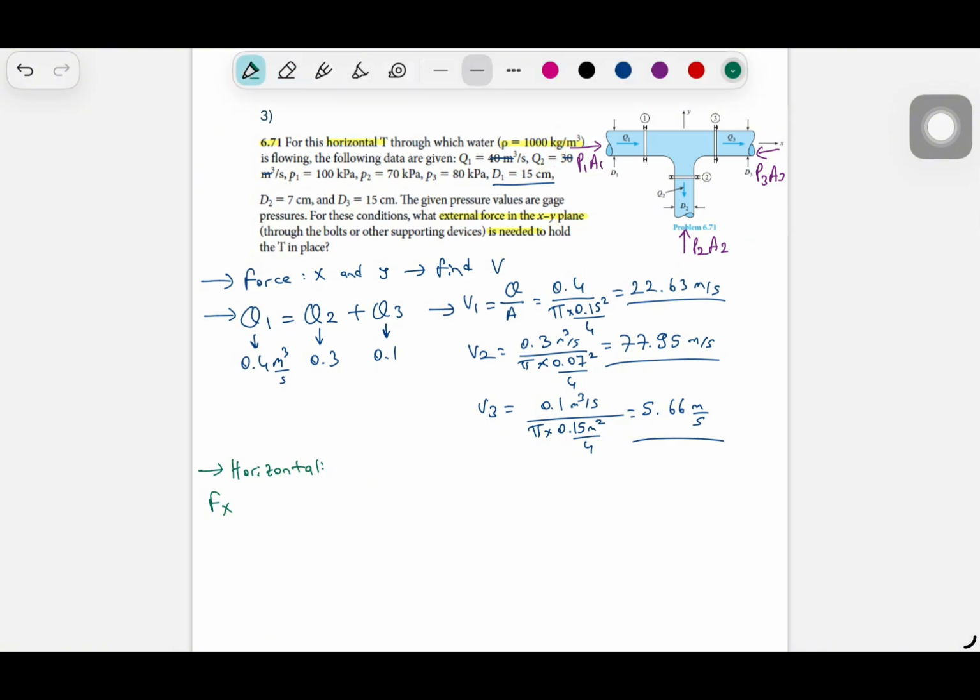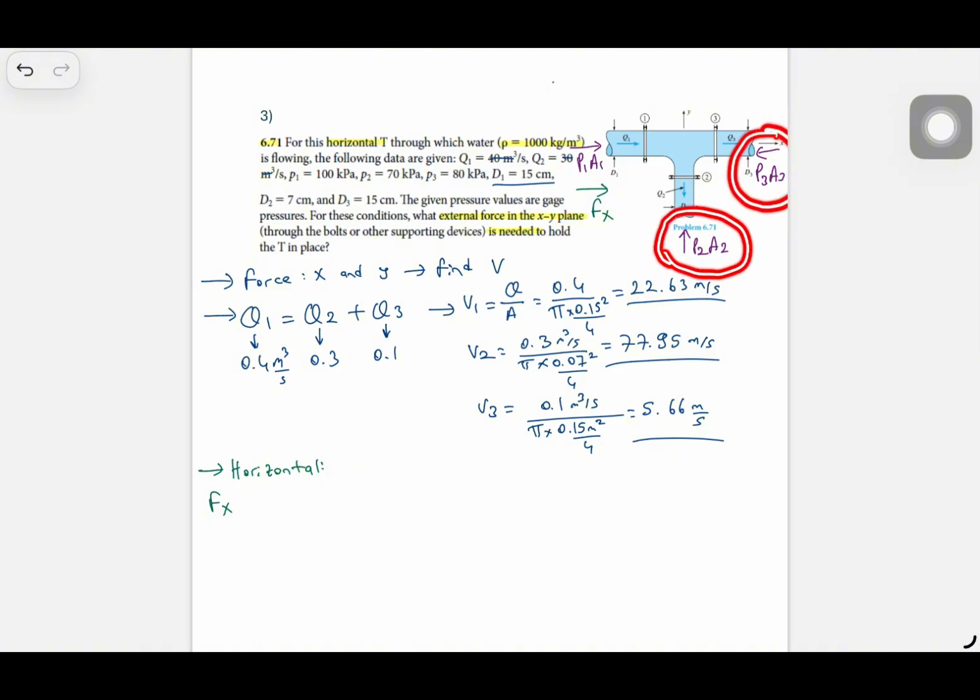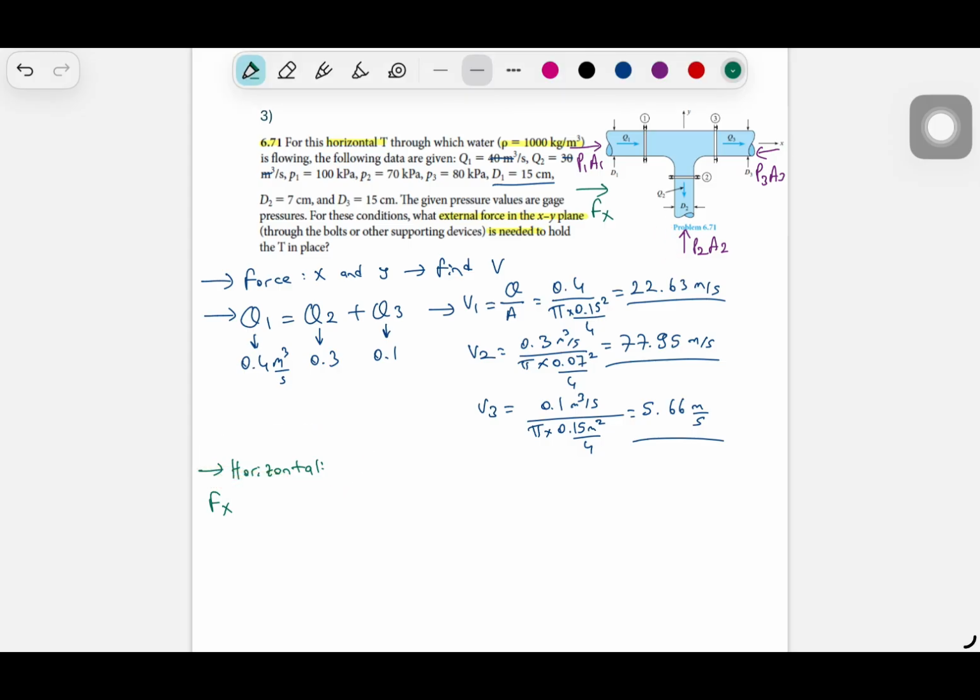So we have Fx and we have positive P1 A1, and then we will have negative P3 A3, and we will not consider this for now because it is vertical and we are doing horizontal. So let's say Fx plus P1 A1 minus P3 A3.